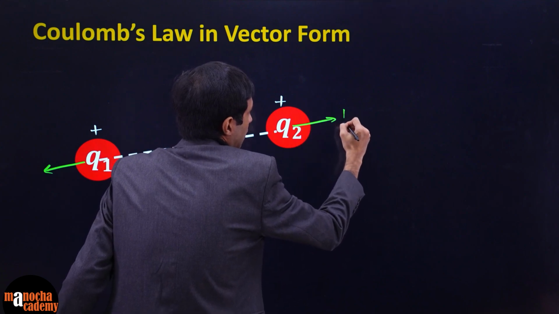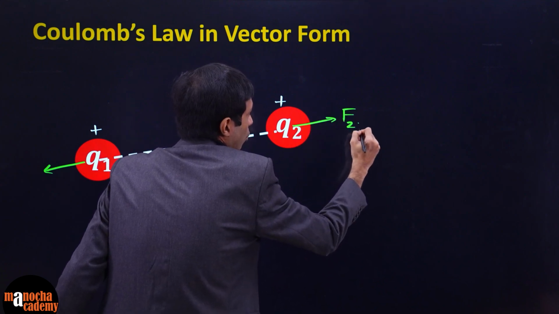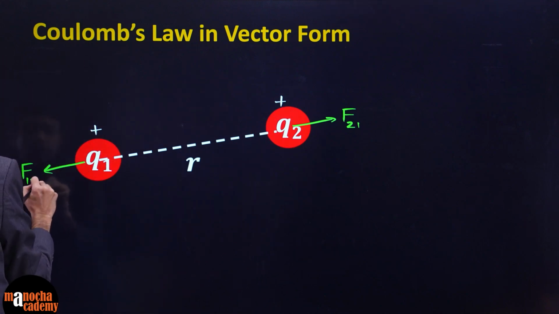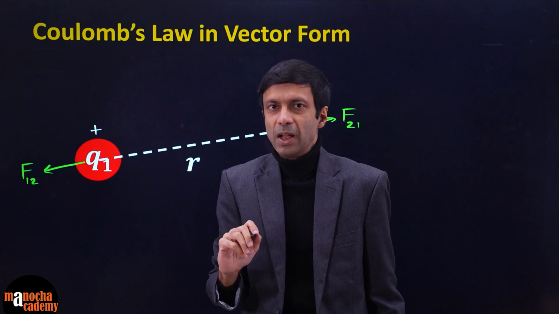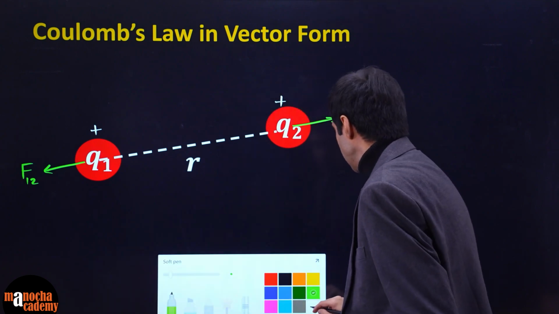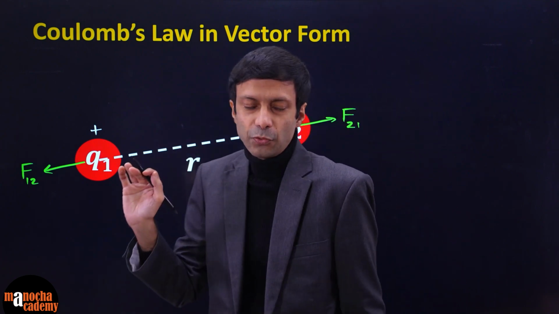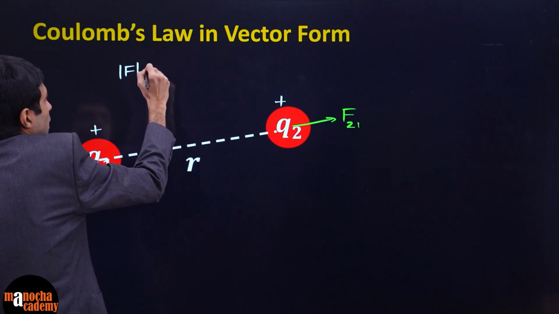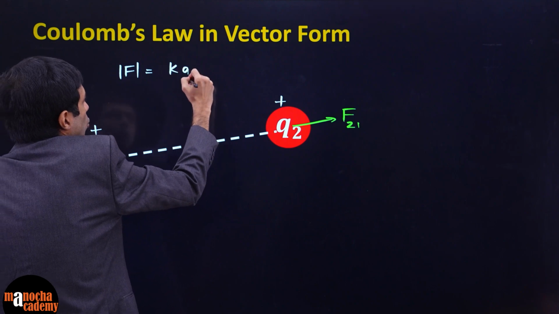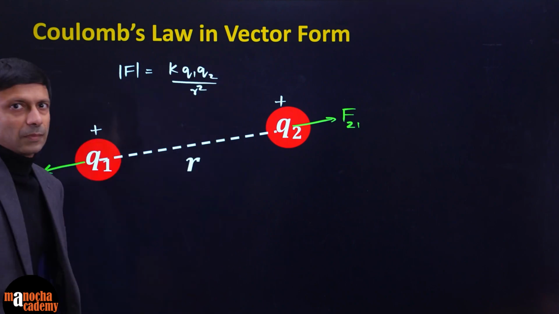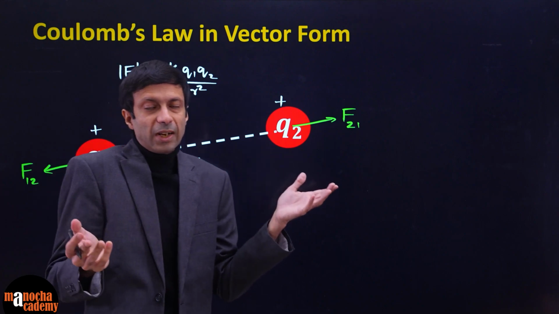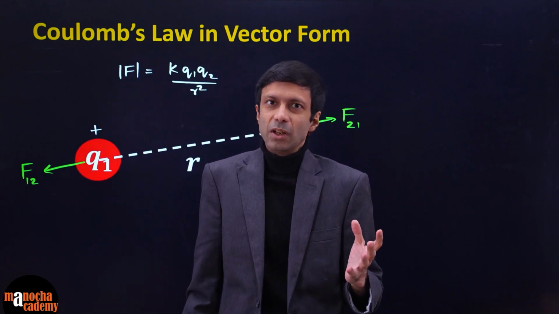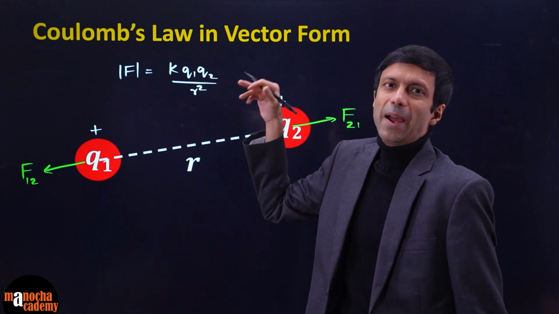So this is the force on charge 2 due to 1, F21, and this is the force on charge 1 due to 2, F12. We know the magnitude of this force is K Q1Q2 by R square. But remember that electrostatic force is a vector quantity. It has both magnitude and direction. So what we've learned till now is actually only the magnitude formula.